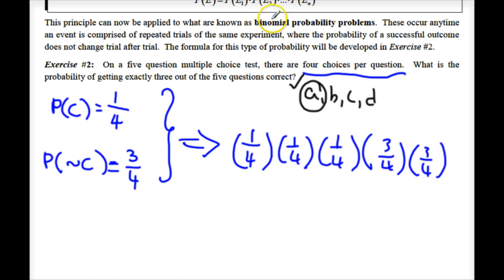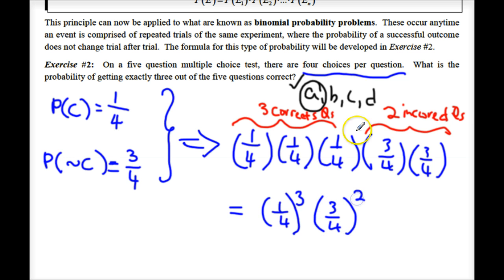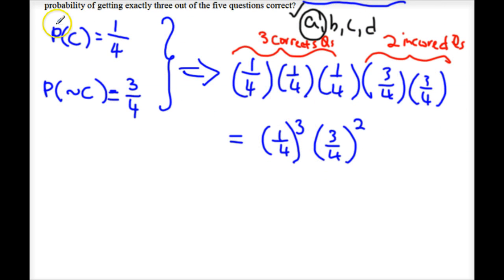So these are the 3 correct questions, and these are the 2 incorrect questions. This can also be written as a quarter to the third and 3/4 to the second. So this is our first step.